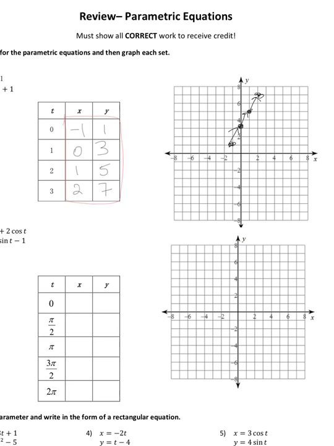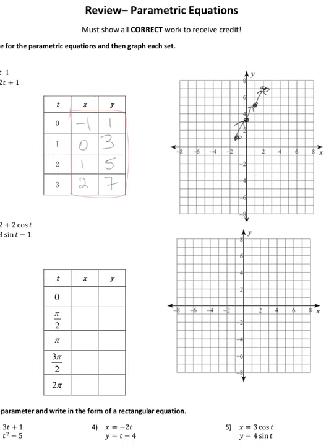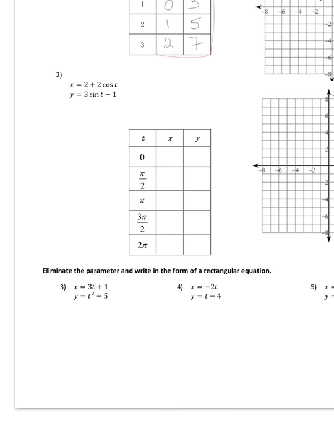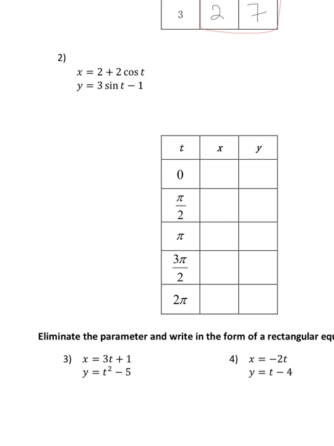Okay, problem 2 is a little bit different. All right, so for number 2, we have parametric equations that are cosine and sine. They're trig functions, and we're going to use angles now for t so that we can find our values for x and y.